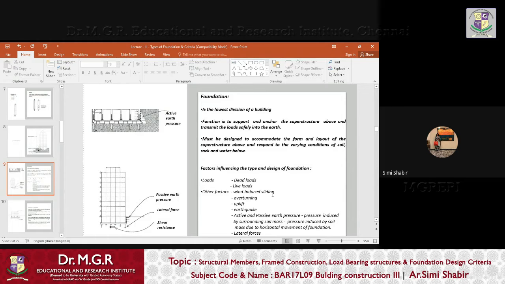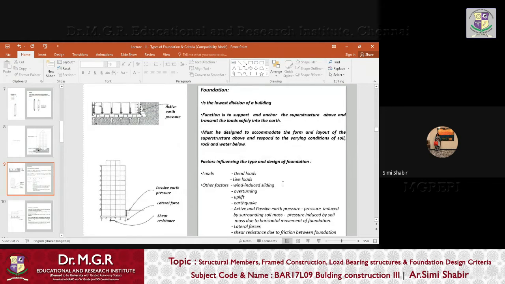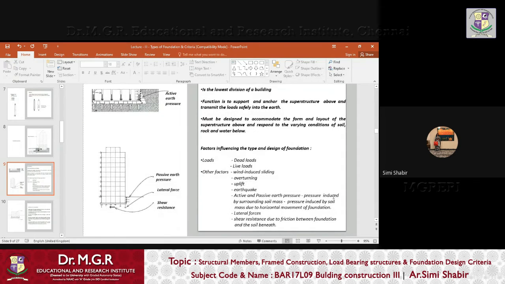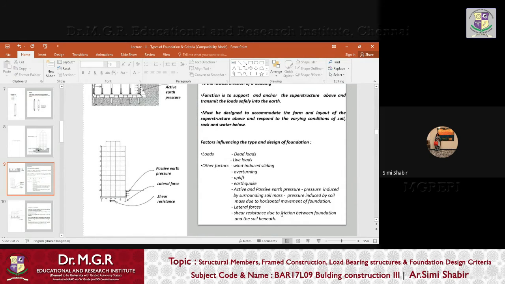The other factors are the wind-induced forces, overturning, uplifting, earthquake, active and passive earth pressure, the pressure that is induced by the surrounding soil mass, pressure that is induced by the soil mass due to horizontal movement of foundation, etc., lateral forces, shear resistance due to friction between foundation and the soil beneath, which you can actually see over here. So there could be a movement, a displacement.